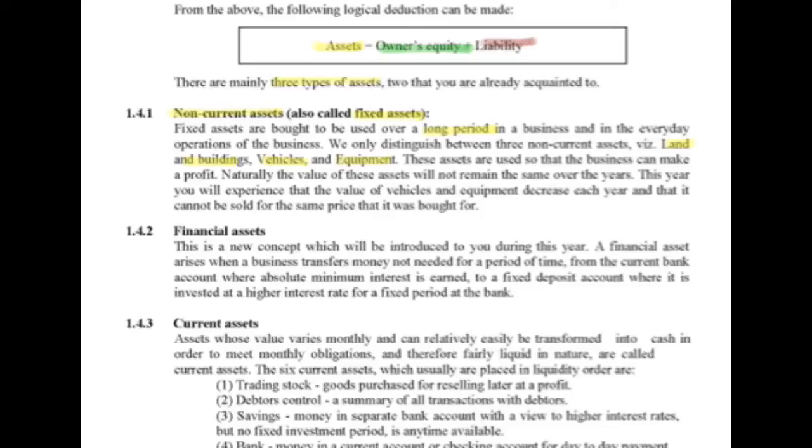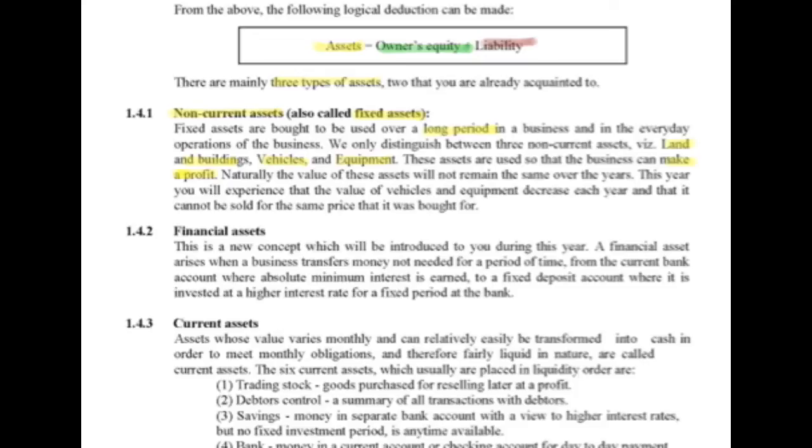These assets are used so that the business can make a profit. That's important. Naturally, the value of these assets will not remain the same over the years. This year you can experience that the value of a vehicle and equipment decreases every year, and that it cannot be sold for the same price that it was bought for.